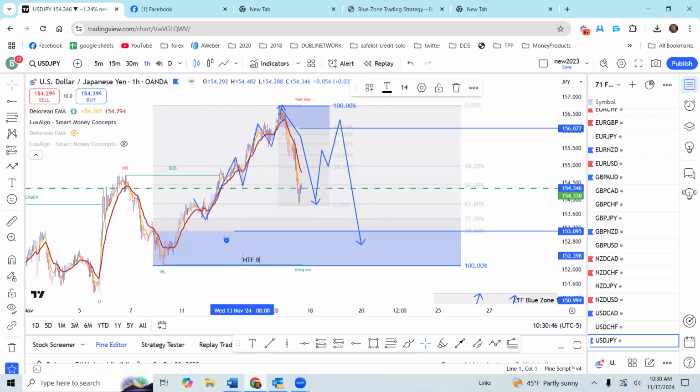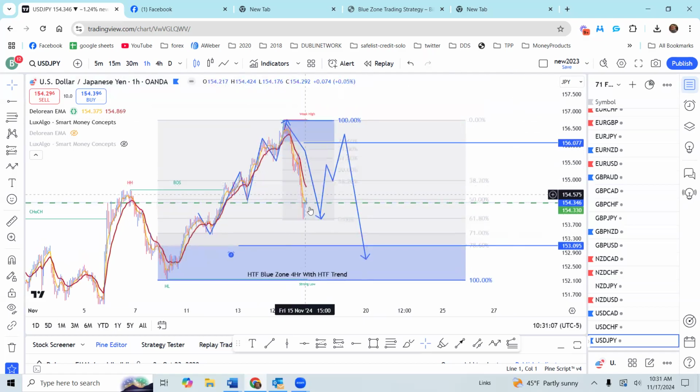Higher time frame blue zone, which is on the 4 hour chart, with the higher time frame trend. Okay. So as we're waiting for price to get back down here, right?